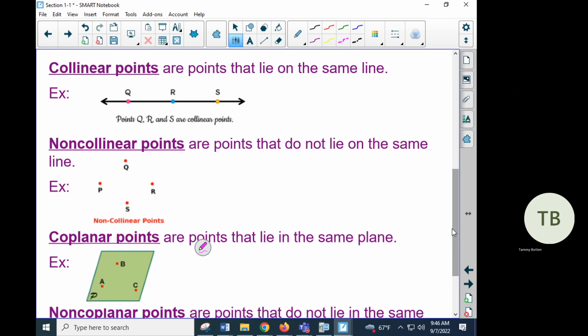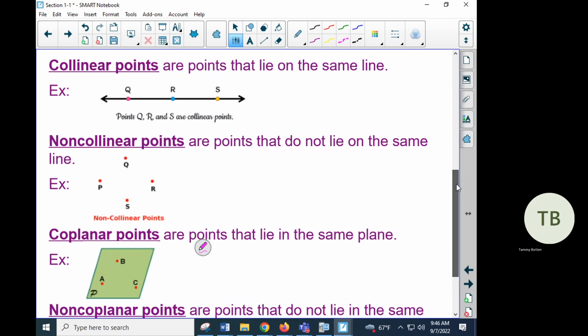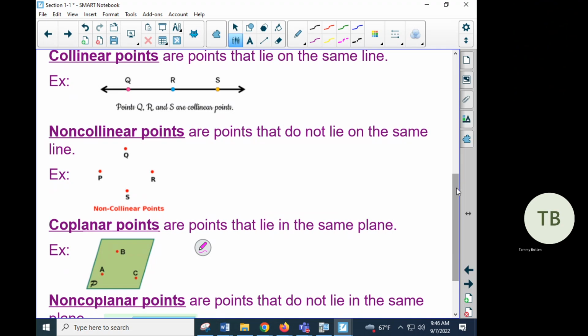You don't want to lose it. And then what I'd like you to do is, I'll move this down in a second, but put these 4 definitions in your notes. And then when we take our quiz and when we take our test for this chapter, you can use that sheet on there. Okay.